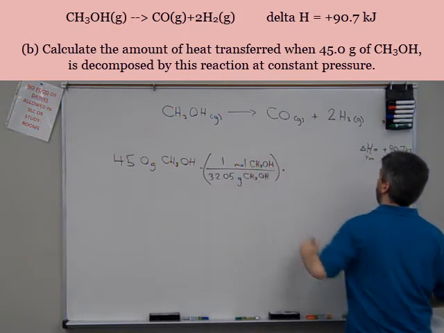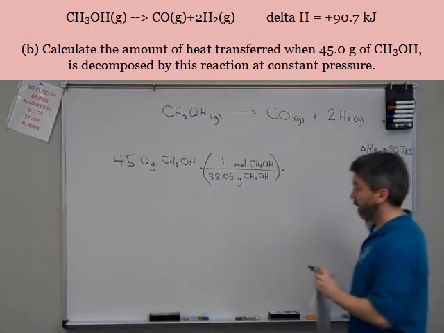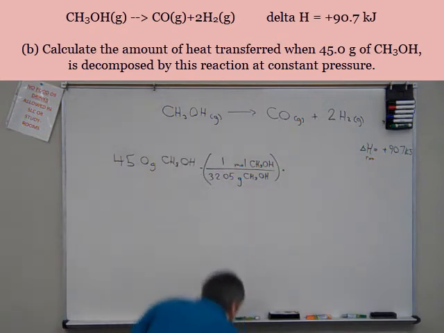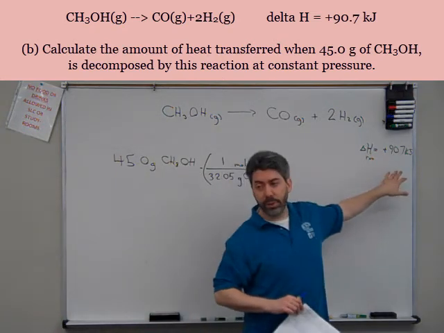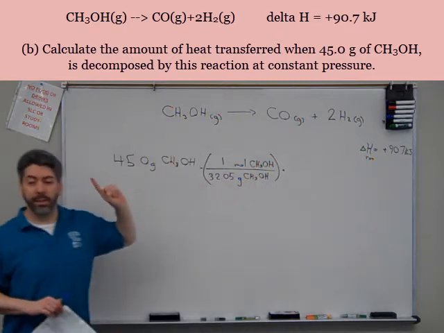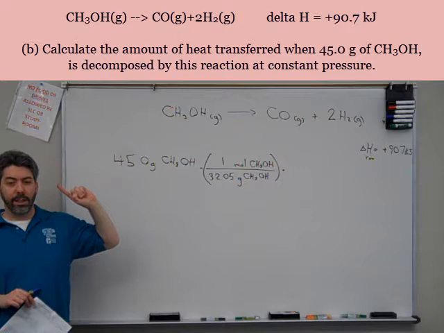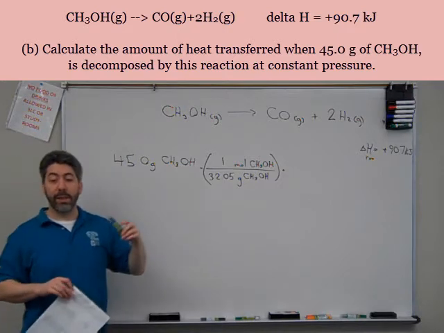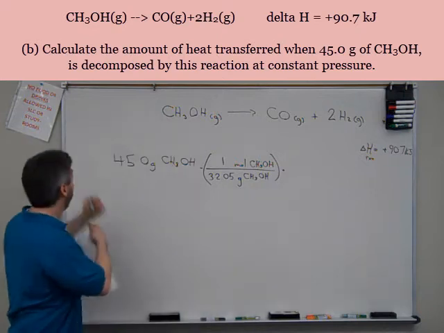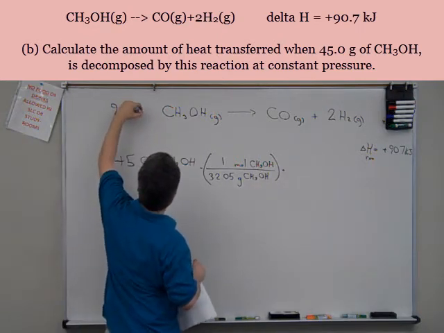Now here's the really cool thing. Since I see this positive delta H is 90.7 kilojoules, if I wanted to, I could add that to my equation. And since it's being absorbed, is heat a reactant or a product? It's a reactant. Because if heat is produced, if it's released, it's a product. But if it's absorbed, that means it's a reactant.